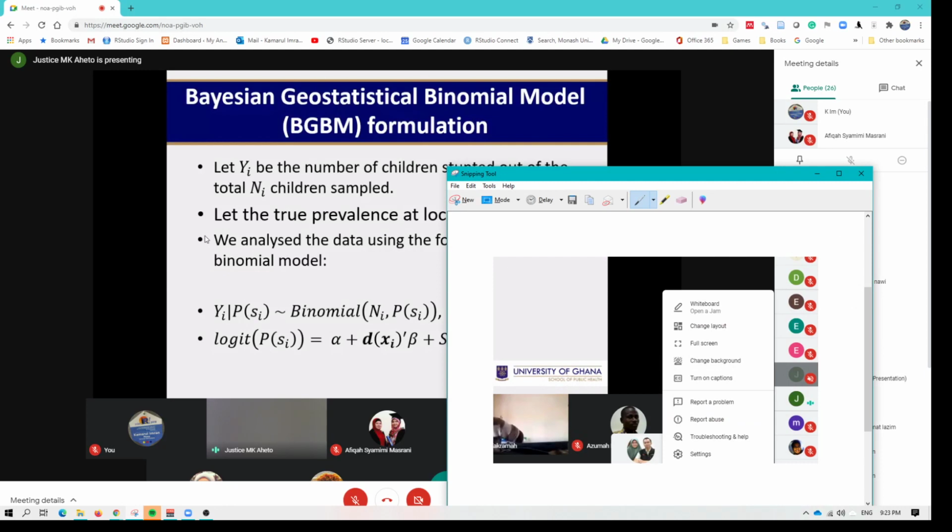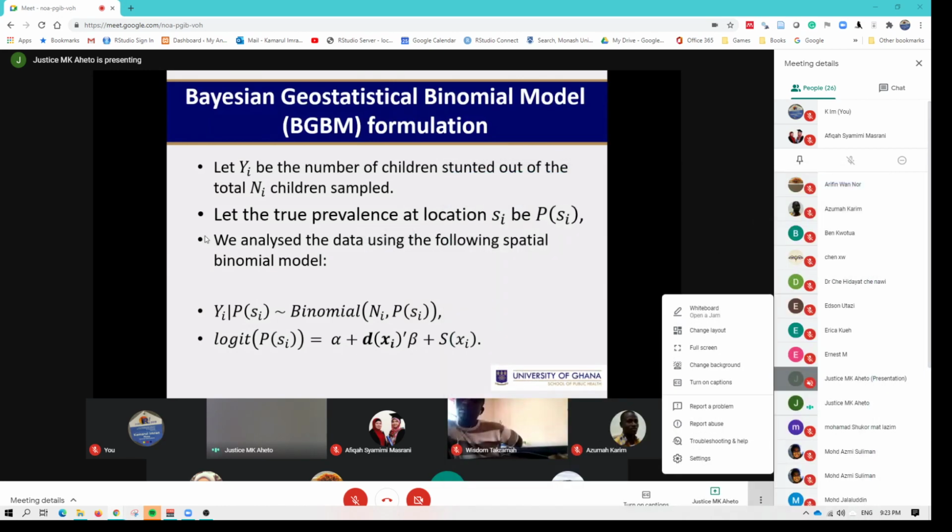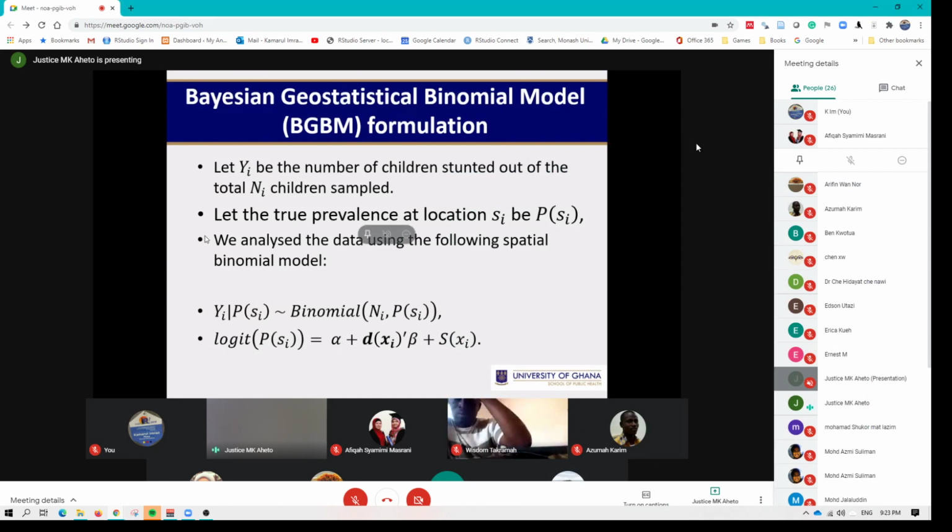In the DHS data, we have clusters that are linked to the areas. So we have a cluster serving as the geographical point where GPS codes were collected, and in each cluster, a certain number of children were sampled.